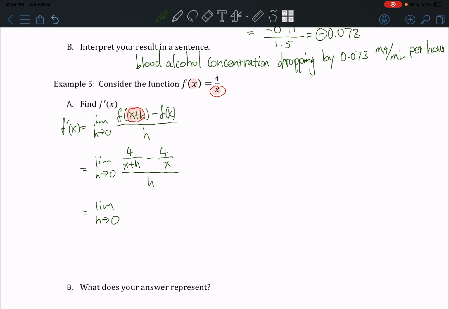And to add fractions, I need to make a common denominator. So I multiplied the one on the left by x over x, and then the one on the right by x plus h over x plus h.